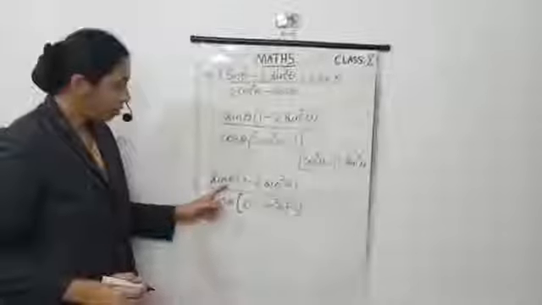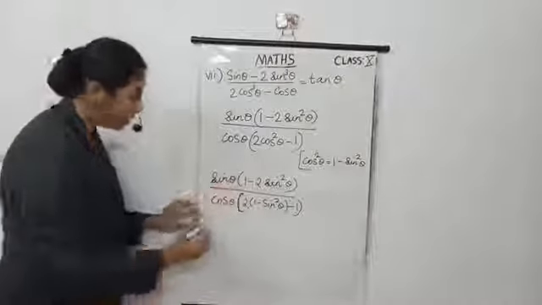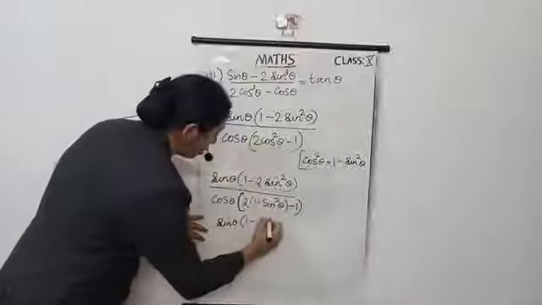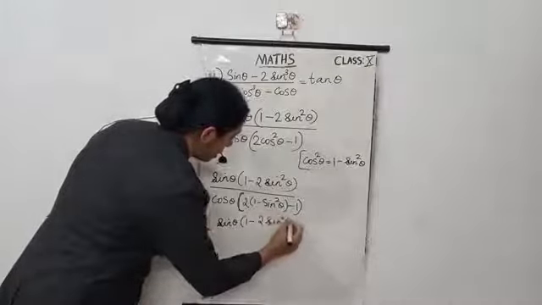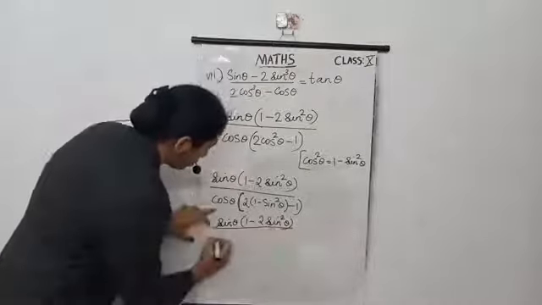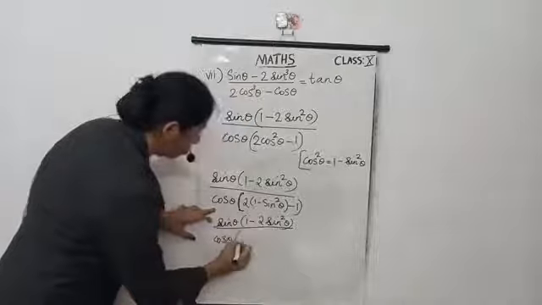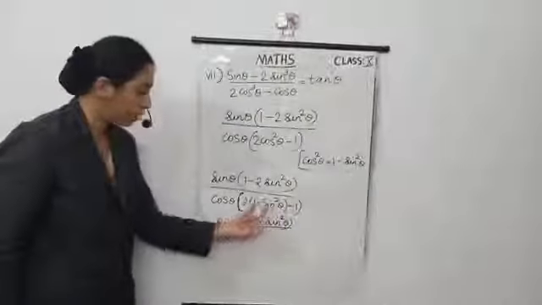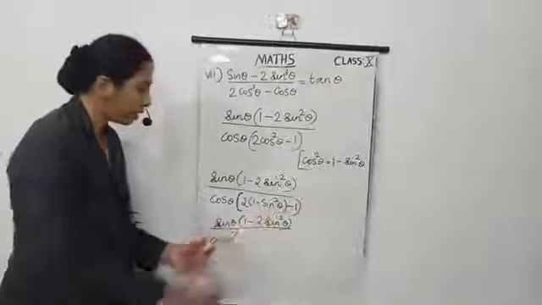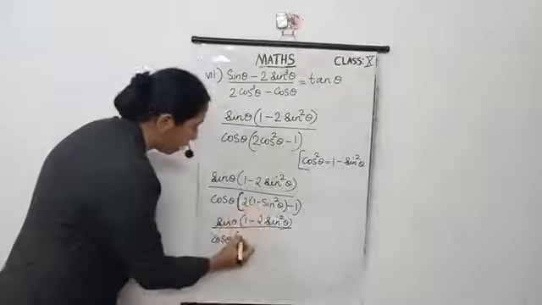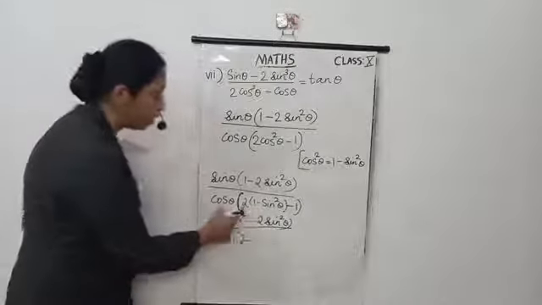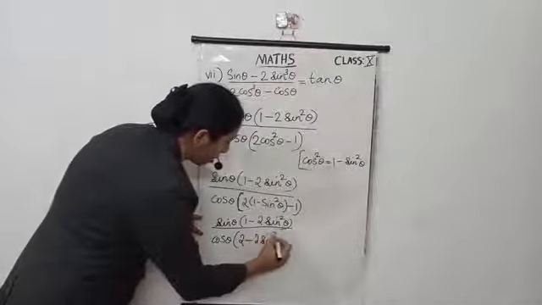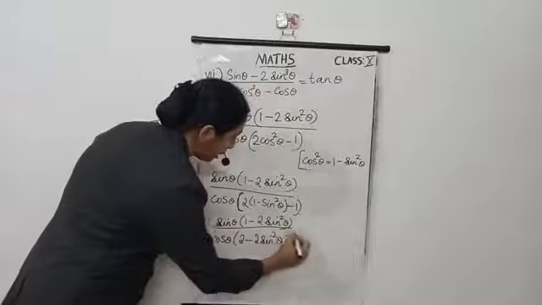Now the numerator is the same. In the denominator we have cos theta into 2 into (1 minus sin square theta). Multiply 2 into 1, we get 2, minus 2 into sin square theta is 2 sin square theta, then minus 1 itself.